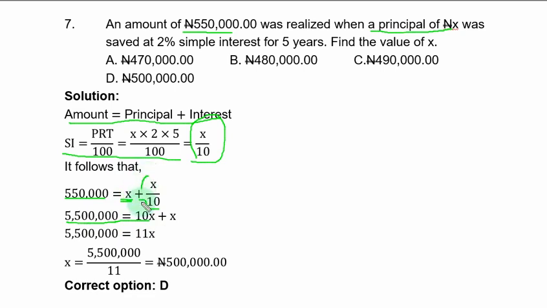You multiply this S by 10, you are left with S. If you add the right hand side, you have this result. If you divide through by 11, you have S equal to 500,000. That is the principal, the value of S. D is the correct option.